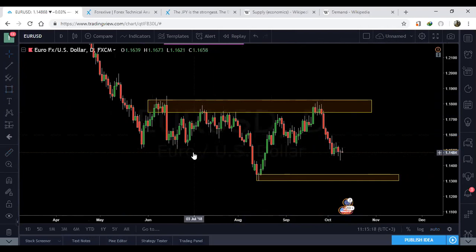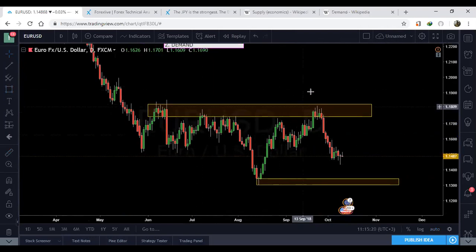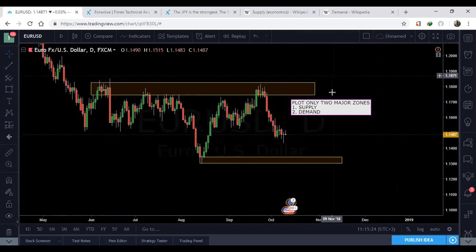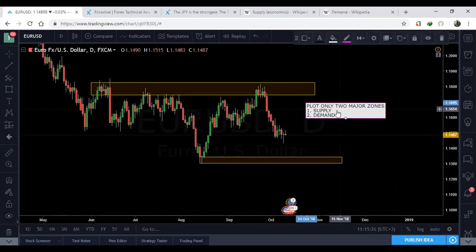So we already have the two major zones on the daily chart. Remember, we are intraday traders. Intraday traders use 1 hour, 30 minutes, 15 minutes to make their trading decisions. So we're just using the daily to see what the week is doing. Monday, Tuesday, Wednesday, what has price been doing?